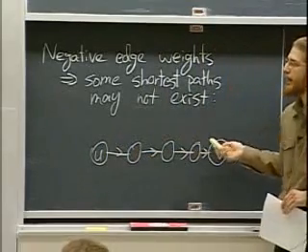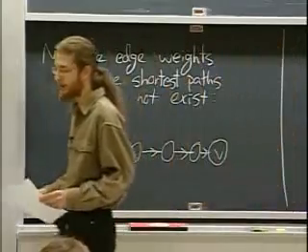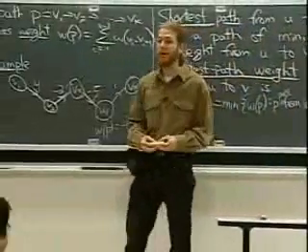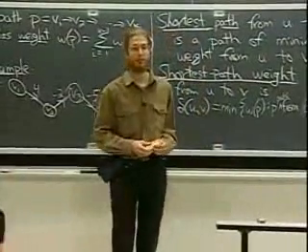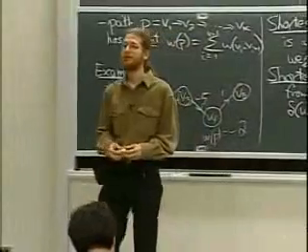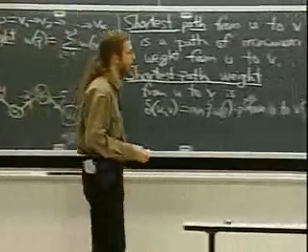I can still compute the weight of a path that has negative weights, but when specifically won't I have a single shortest path from U to V? So go ahead. If you can find a cycle that's negative weight.